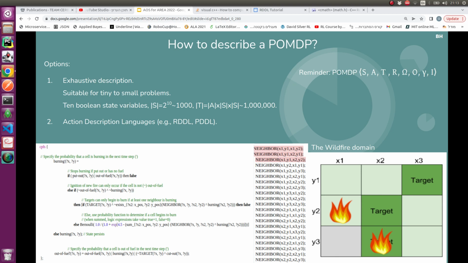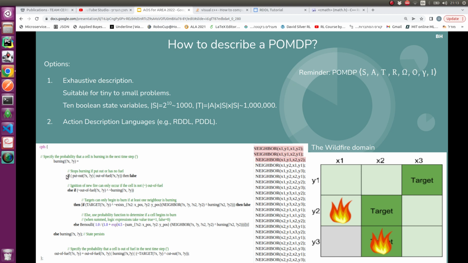In this domain we have a 9-cell grid, and each cell can be burning or not, and in this image we can see RDDL code describing the next value of each state variable, whether a cell is burning or not, dependent on X and Y.